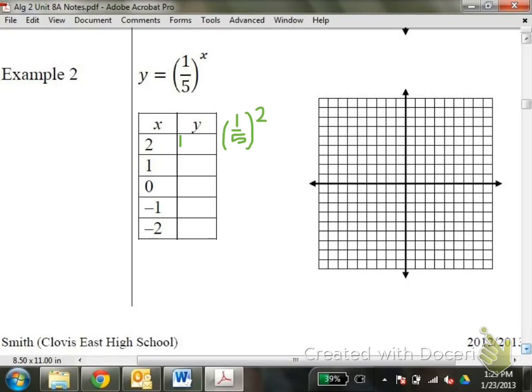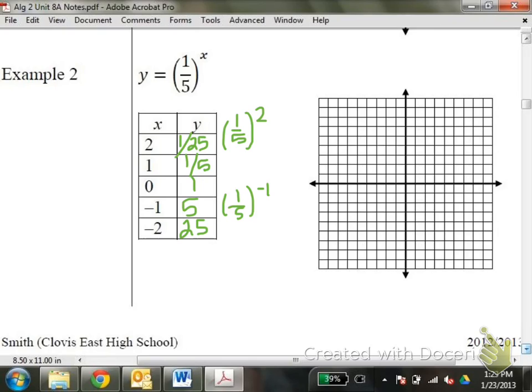Thank you, 1 over 25. What if my exponent was 1? 1 over 5. Anything to the power of 0 is always 1. So then if I have 1 over 5 to the negative 1, what would my y come out to? 5. So what would my x of negative 2 be? 25. They will always mirror each other in that way.